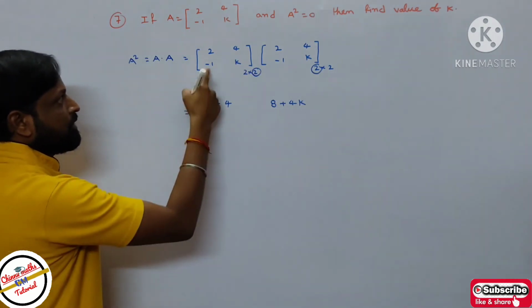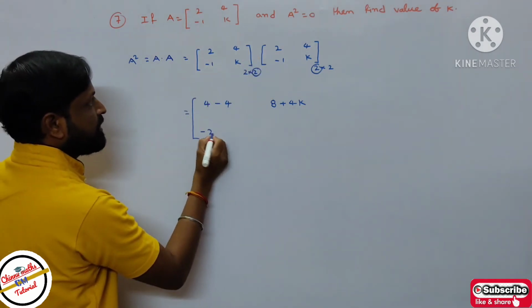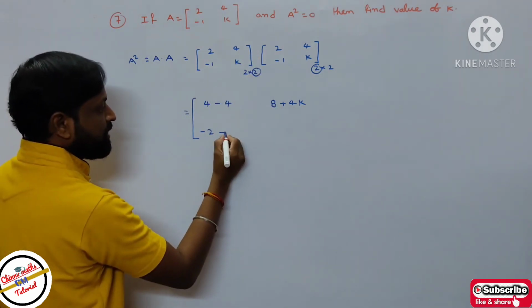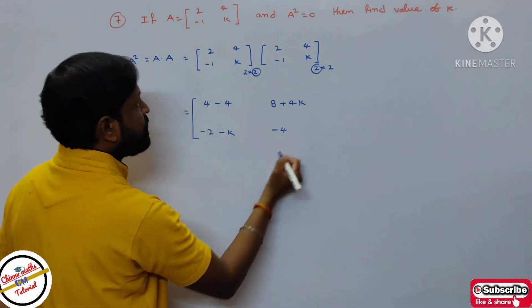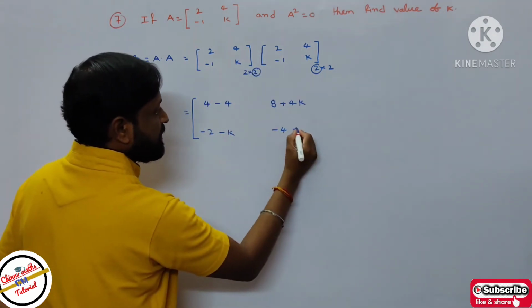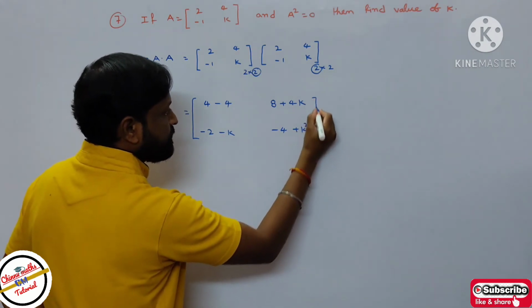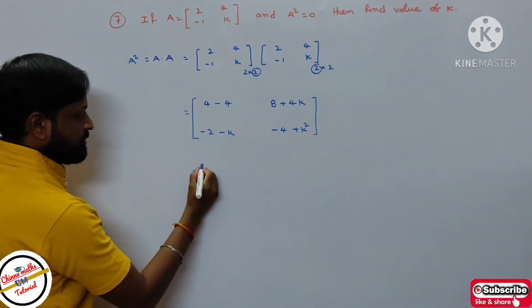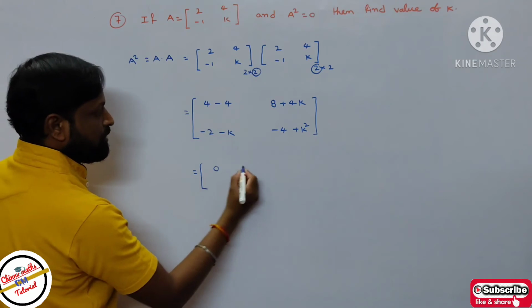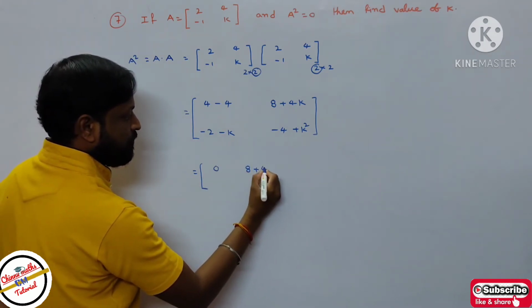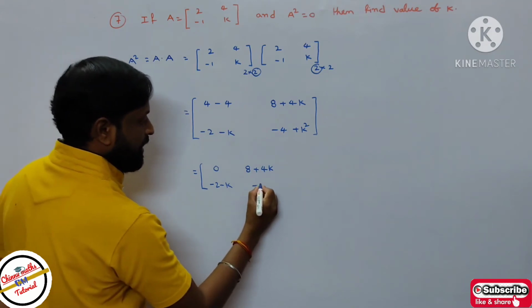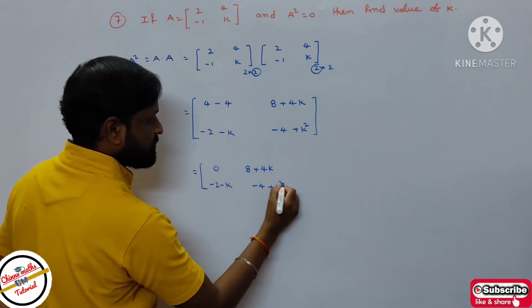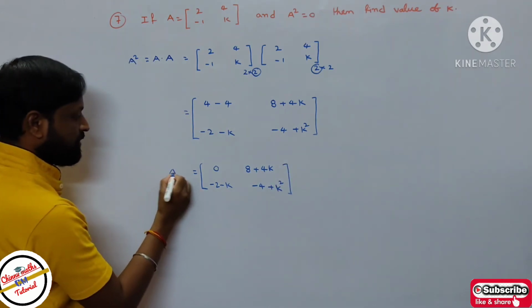Next one: minus 1 into 2, minus 2, then K into minus 1, minus K. Then minus 1 into 4, minus 4, then K into K, plus K square. So it is equal to 0, 8 plus 4K, and minus of 2 minus K, minus 4 plus K square. It is the value of A square.